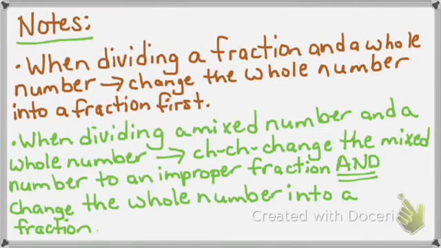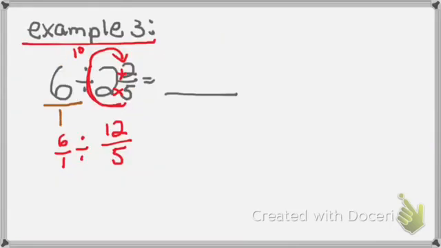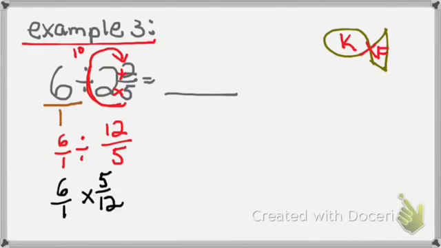So let's review. When dividing fractions, if we have a whole number, we need to change the whole number into a fraction first, or if we have a mixed number, we need to change the mixed number to an improper fraction. Once we do that and we have a fraction by fraction division problem, then we divide using our keep, change, flip strategy. We keep the first fraction, change division to multiplication, and flip the second fraction.